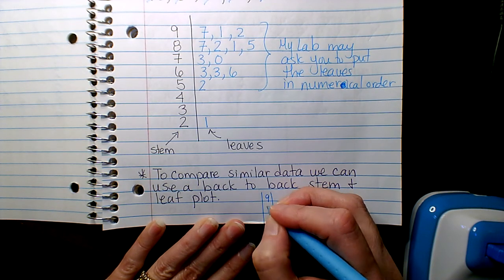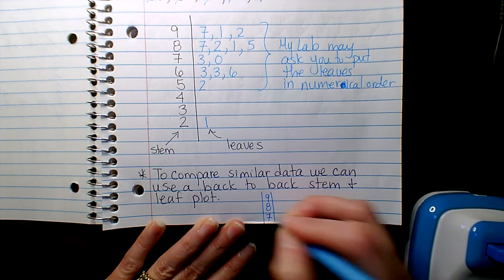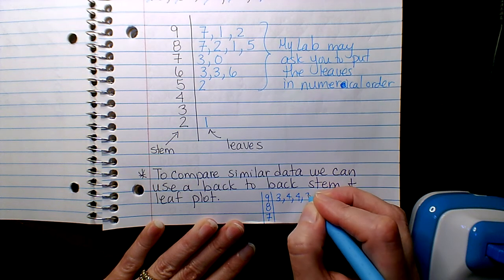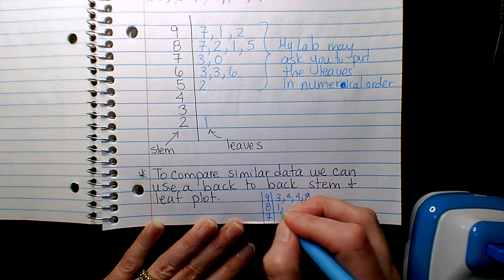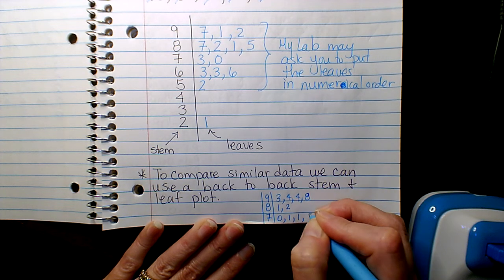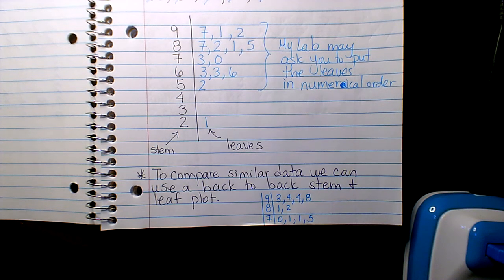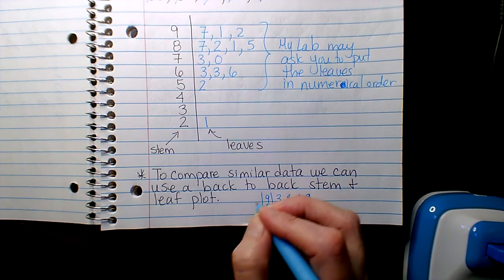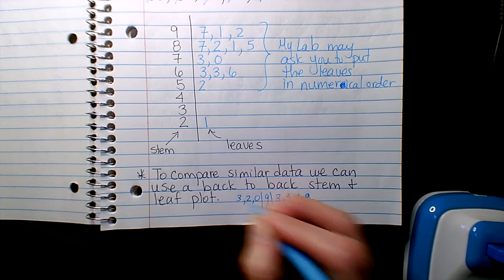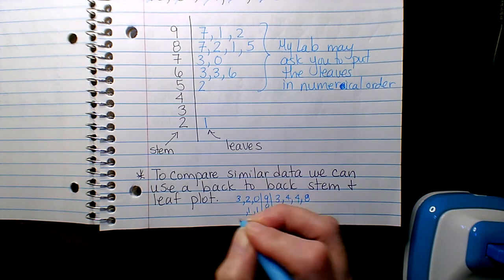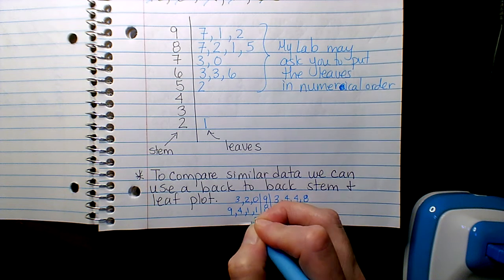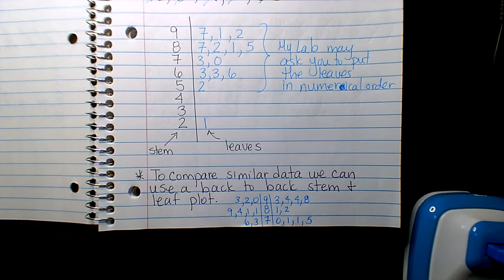Let me just say it was like 987, and you had like 3, 4, 4, 8, 1, 2, 0, 1, 1, 5. And maybe over here it was like 0, 2, 3, 1, 1, 4, 9, and then 3, 6.